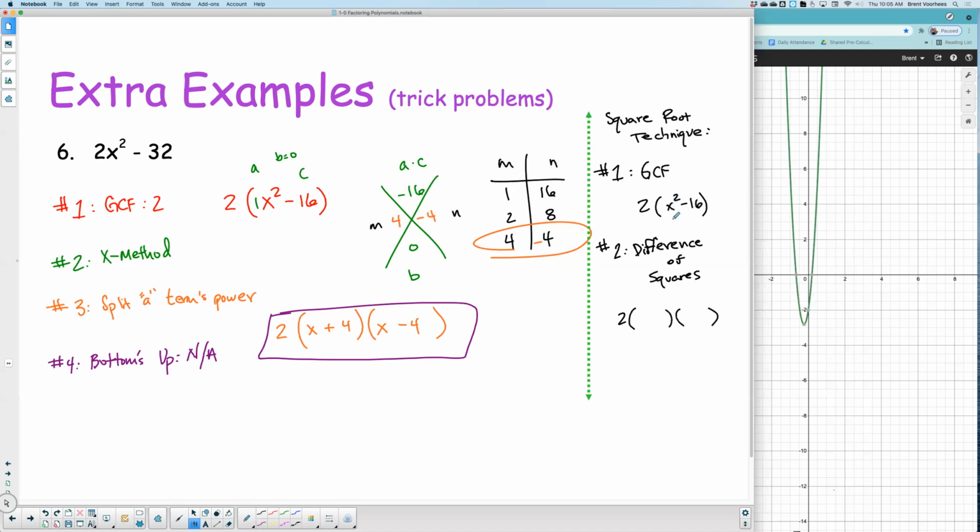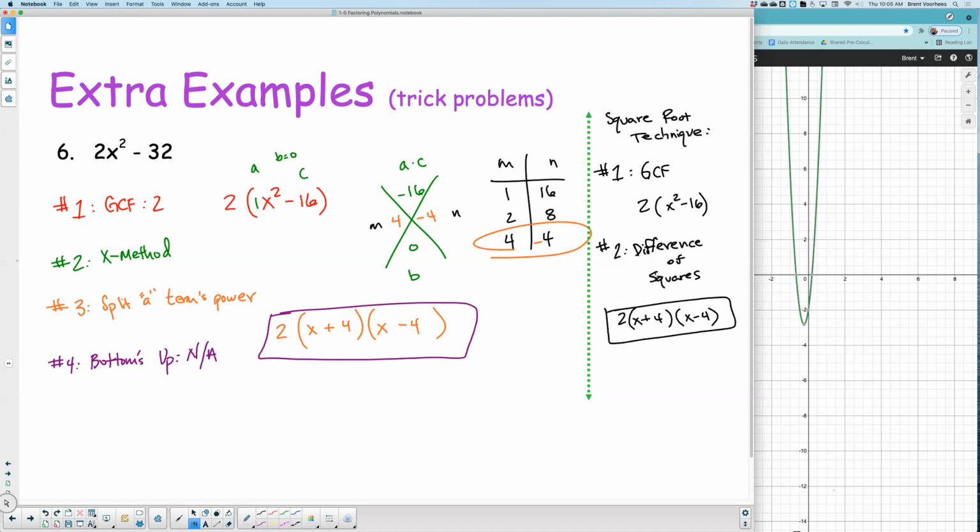What's the square root of x squared? Square root of x squared is x. So we'd go x and x. And what's the square root of 16? 4 and 4. Difference of squares, what you learned in algebra 2, means you make one positive and one negative. Notice we have the same answer.